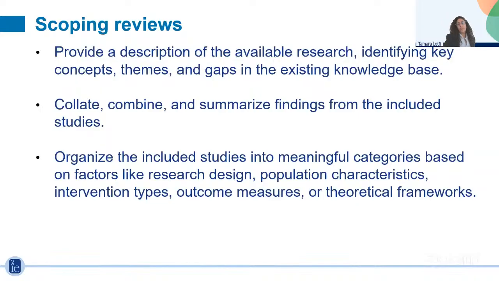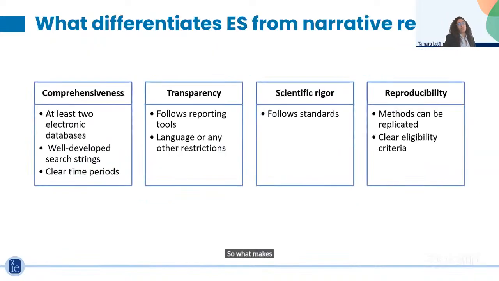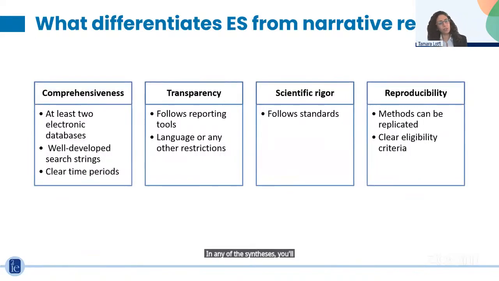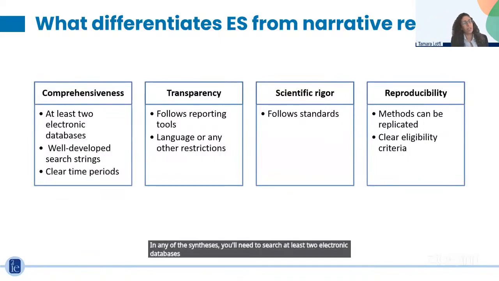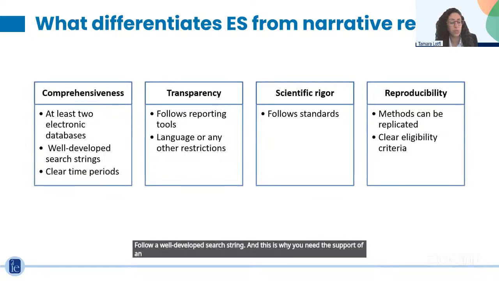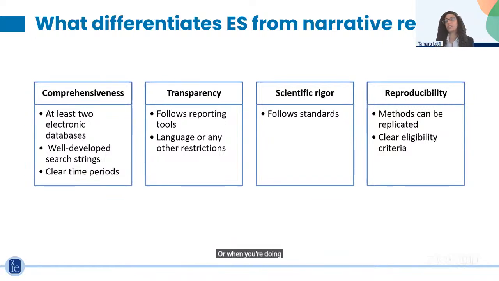So what makes evidence synthesis different from narrative reviews? First of all, comprehensiveness. In any evidence synthesis, you'll need to search at least 2 electronic databases. It has to follow a well-developed search string, and this is why you need the support of an information specialist, especially when you're doing it for the first time, or when you're doing an evidence synthesis in a field that's new to you.